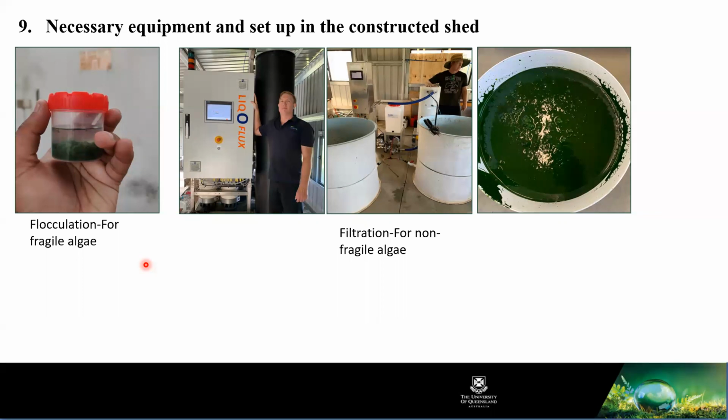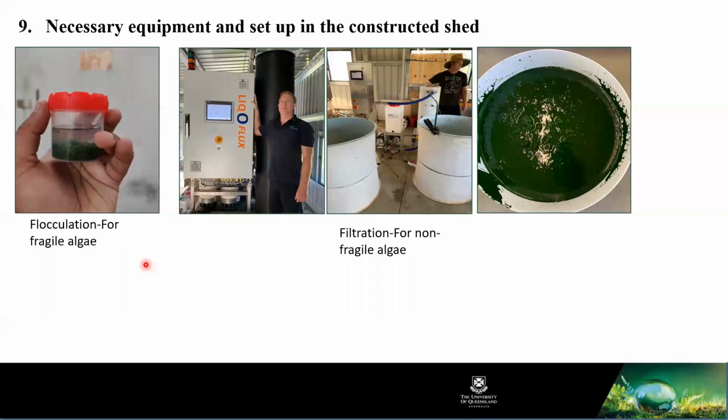The reason we wanted to use this is that it is completely organic, produced from moringa seeds, neem oil, and also polyethylene glycol, which is used as a solvent to dissolve these components. So it is approved as an organic flocculant.